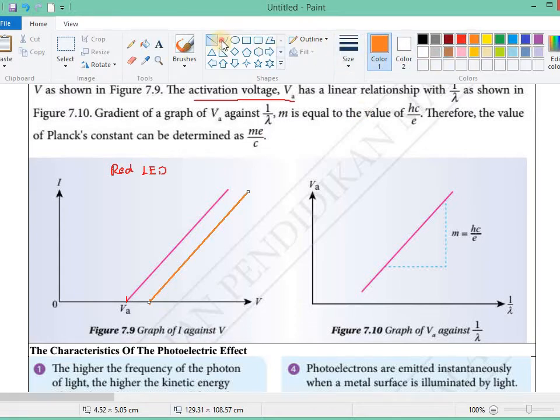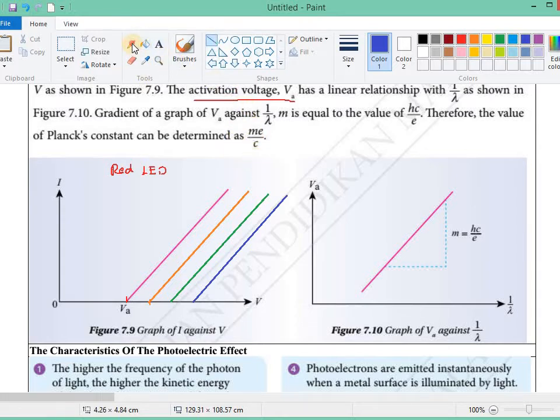And then the green is higher, and last, blue is the highest. Okay, like that.